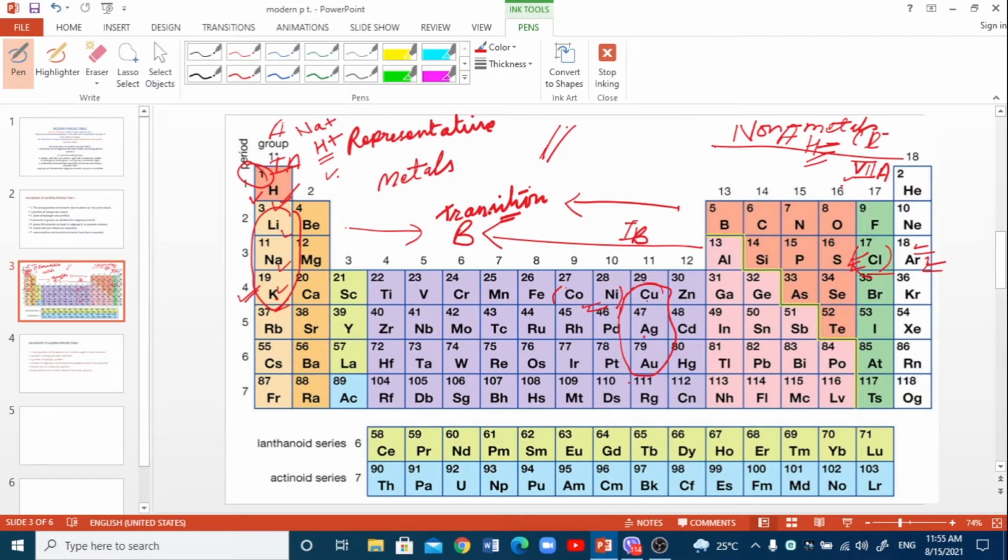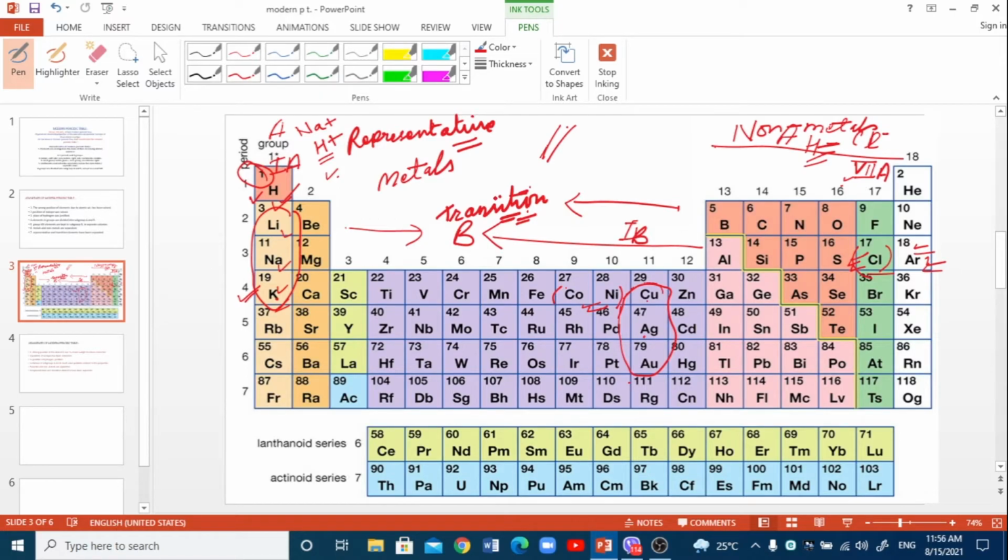These elements follow the rules and regulations of the modern periodic table, whereas transition elements have special properties. We are going to study about them later. This made the study of elements easier.